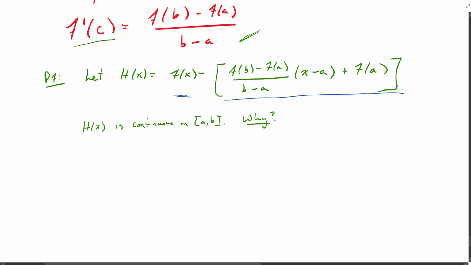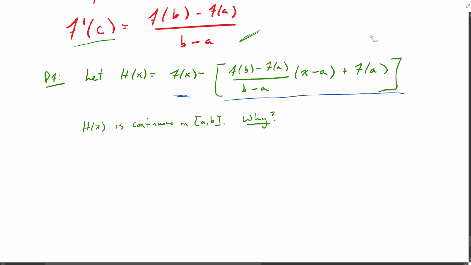Again, this may look a little bit messy, but really this is the line m times x minus a plus, let's just say, plus k or something like that. So this is just a linear function as far as x is concerned.